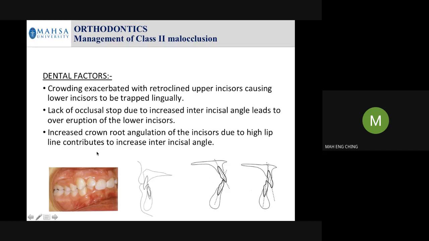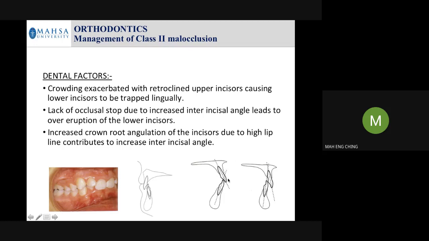So increase in the crown root angulation of the incisor due to the high lip line contributes to the increased inter-incisor angle. The inter-incisor angle just means the angle between the upper incisor and the lower incisor. So this is what we call the inter-incisor angle. The average should be about 134, plus or minus 6.